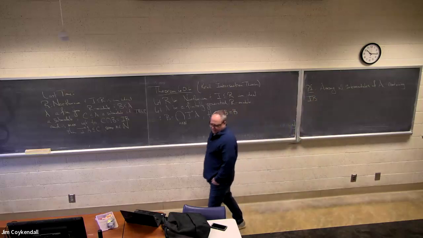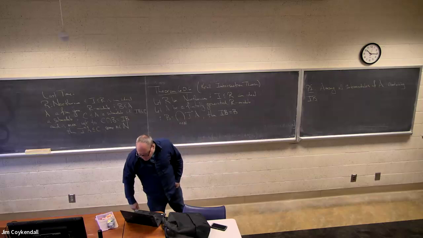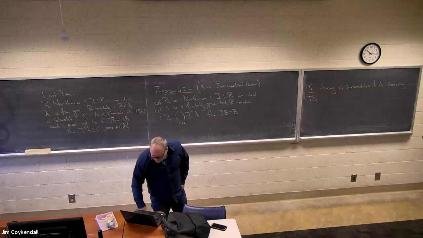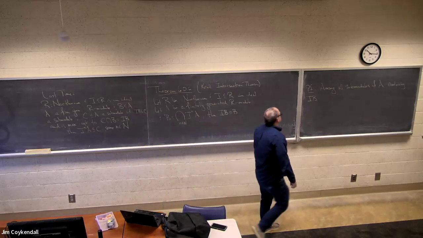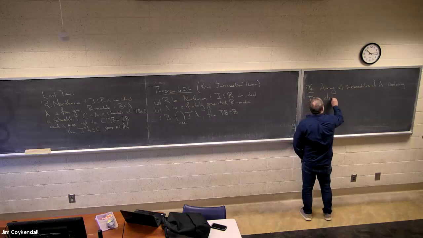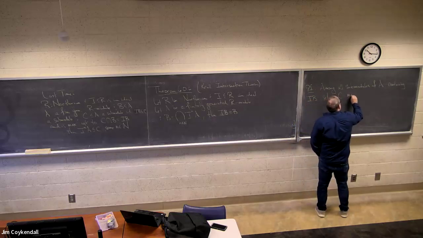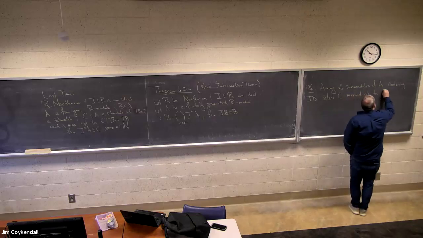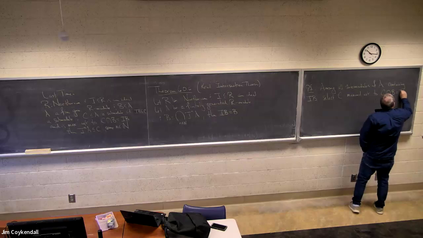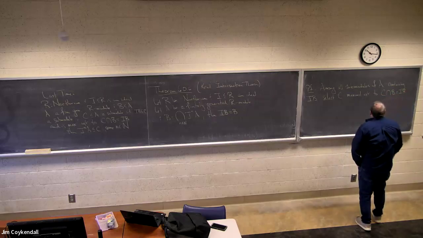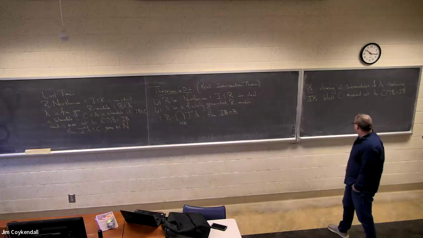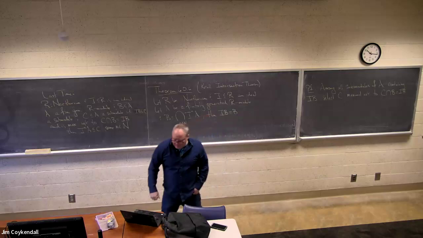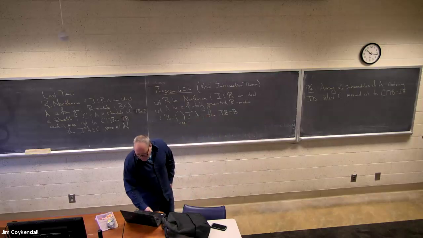I want to select C that's maximal with respect to the property that we had over here. So you might smell a setup here. Let me point out that this can be done using Noetherianness rather than appealing to the axiom of choice.